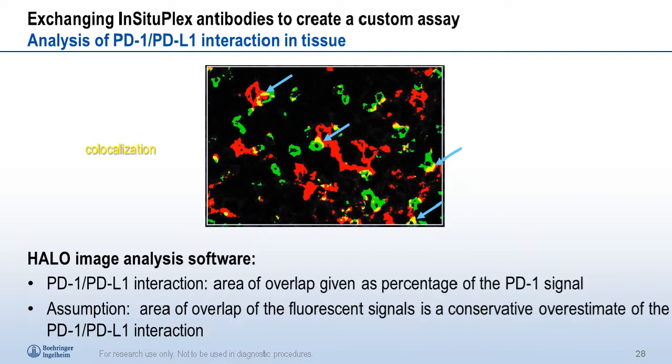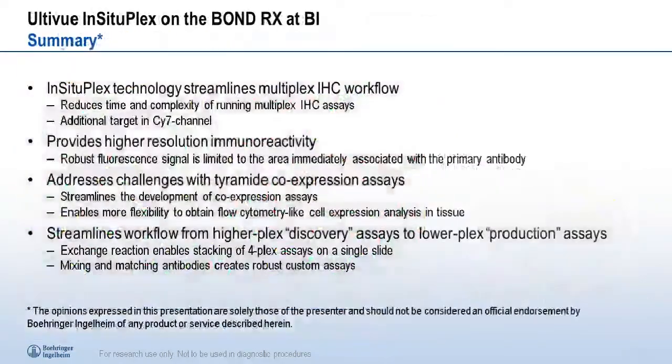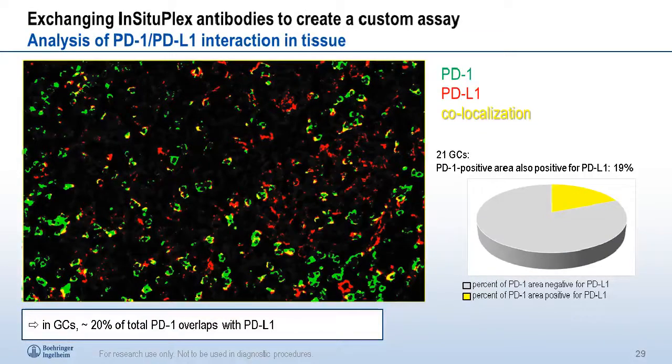When we ran this on a number of different germinal centers in human tonsil and analyzed them, what we found was that on average, 19% of the PD-1 positive area was also positive for PD-L1, suggesting that somewhere greater than 80% of the PD-1 is available for interaction at any given point, and that there's the potential for somewhere less than 20% to be interacting with PD-L1.